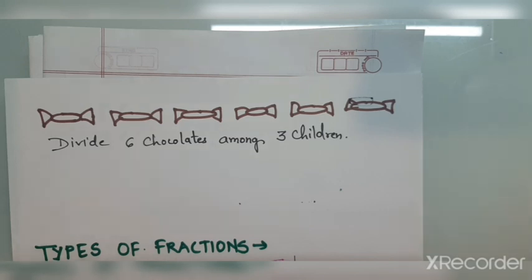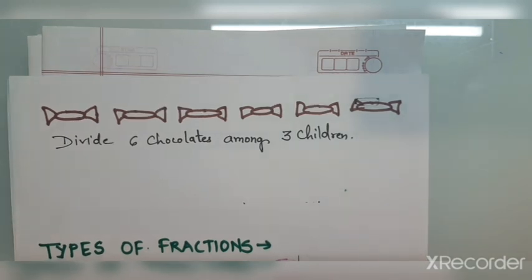You can do this at home actually. You can hold 6 chocolates in your hand and divide them between 3 people. At the end you will find that each one is getting 2 chocolates.